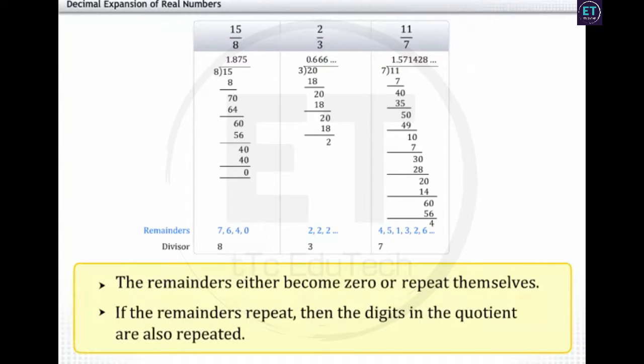Let's observe the divisions carefully. Here are the conclusions based on the observations.